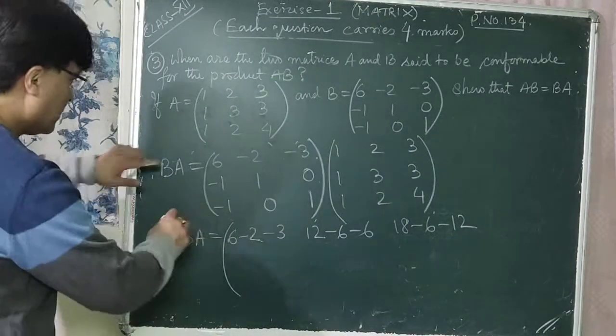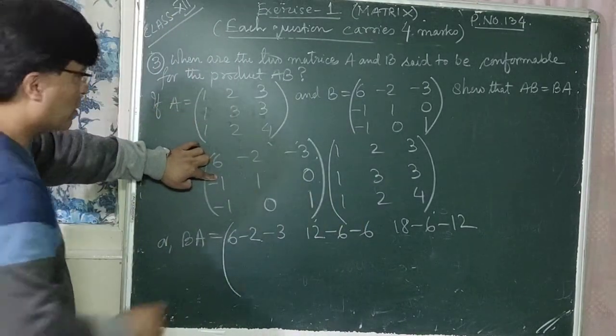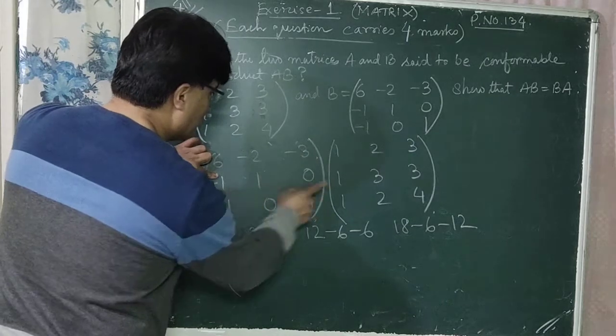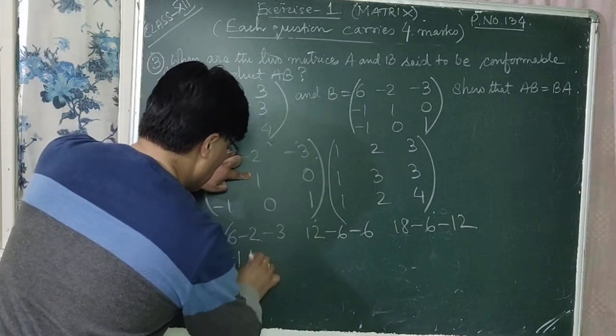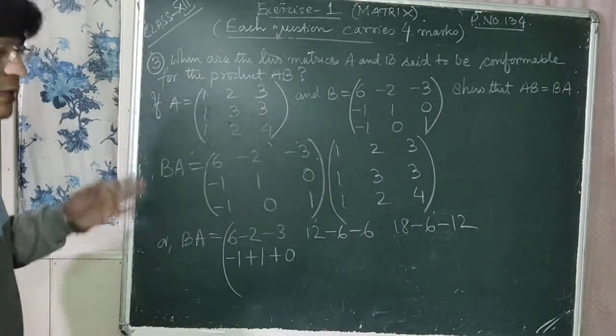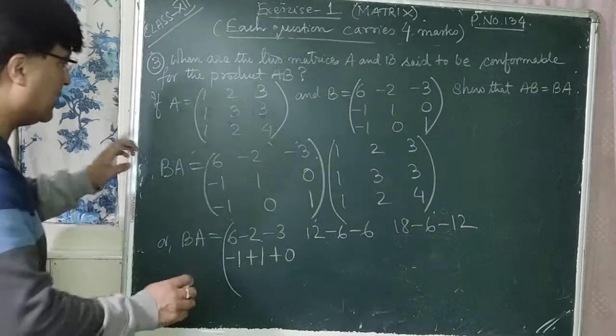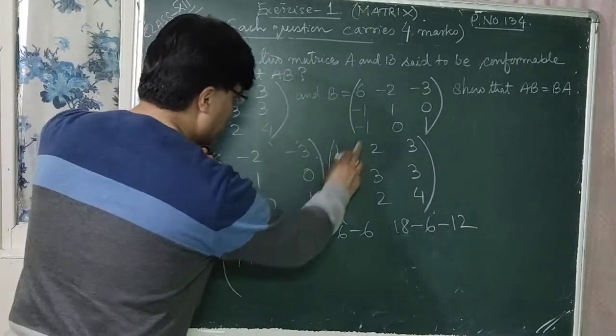Next, the second row is multiplied by the first column. Corresponding elements should be multiplied. Minus 1 into 1, minus 1, plus 1, plus 0 ones are 0. This is the first element of the second row. Second row is multiplied by the second column.